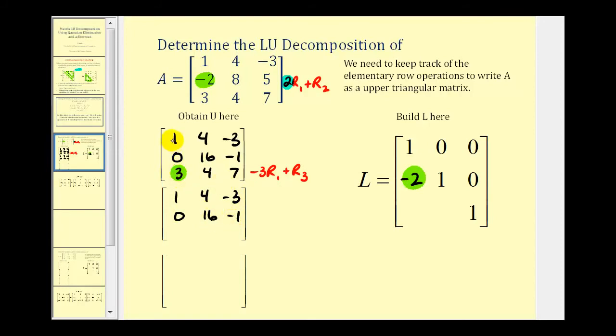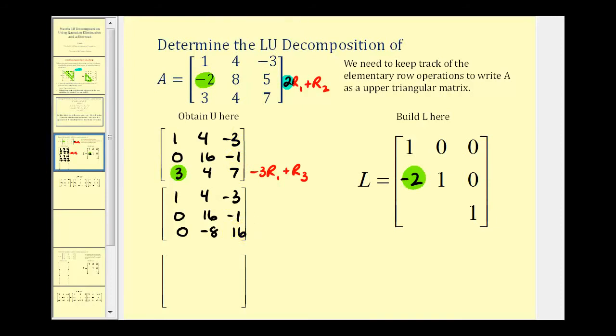For the third row, we'll have negative 3 times 1 plus 3, that's 0. Here we'd have negative 3 times 4, that's negative 12, plus 4, that's negative 8. And then here we would have negative 3 times negative 3, that's positive 9, plus 7, that's 16.